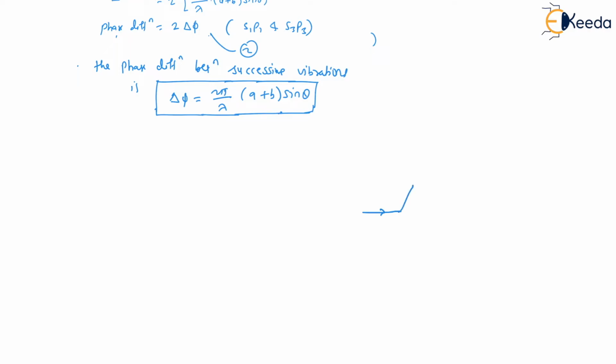We can draw the second vector like this one, and the angle between these two will be phi, that is the phase difference between these two vectors. Then in the same way we can draw the third, then fourth, and then fifth. In this way we draw n number of vectors, and then in general, we do a calculation. We took one point or one center over here.